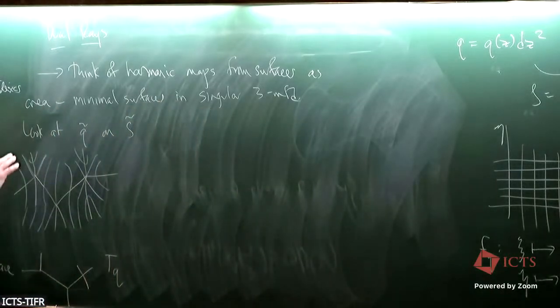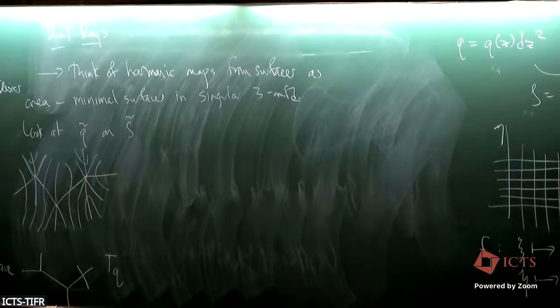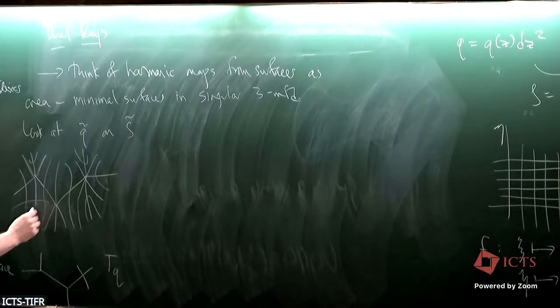So this foliation that I drew is a measured foliation, in the sense that you can say what the intersection number of an arc across the foliation is, and that's well-defined up to isotopy of the arc.